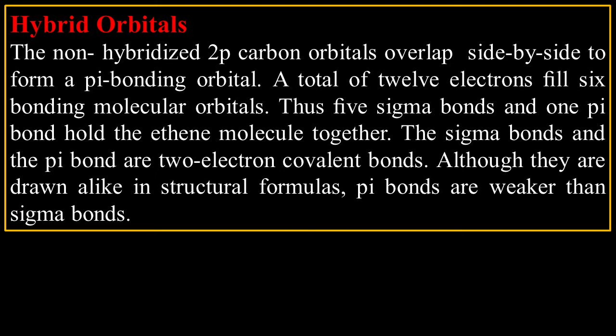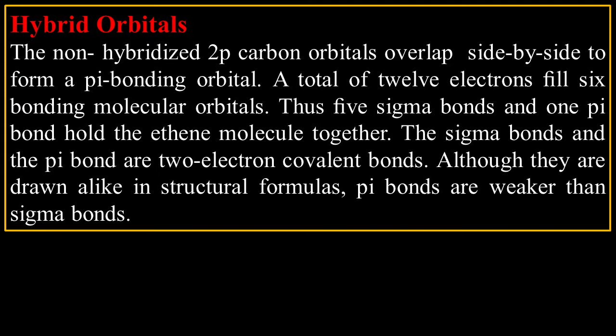The non-hybridized 2p carbon orbitals overlap side by side to form a pi bonding orbital. A total of 12 electrons fill 6 bonding molecular orbitals. Thus, 5 sigma bonds and 1 pi bond hold the ethene molecule together. The sigma bonds and the pi bond are two-electron covalent bonds.